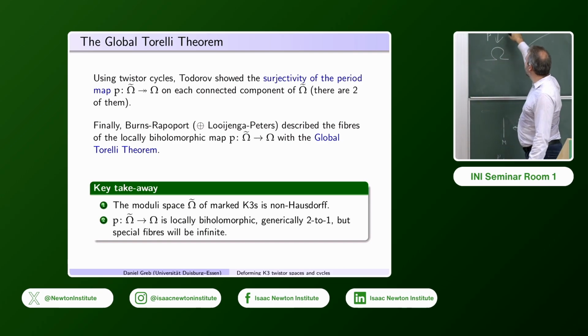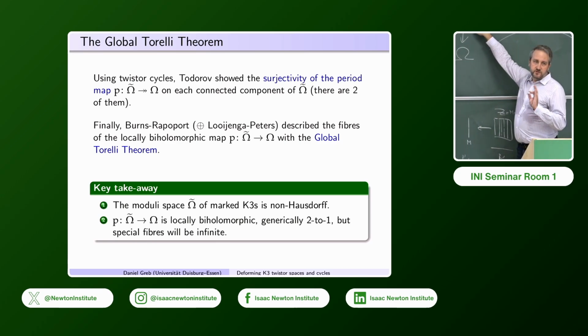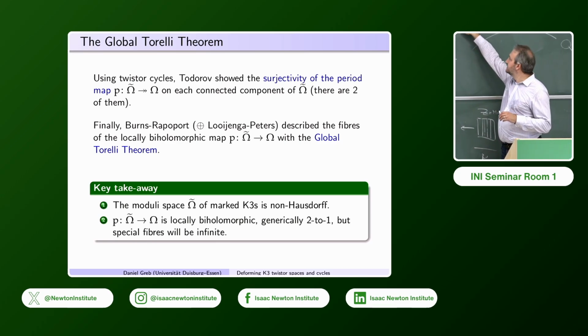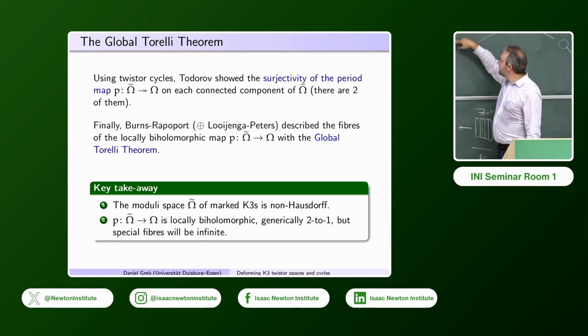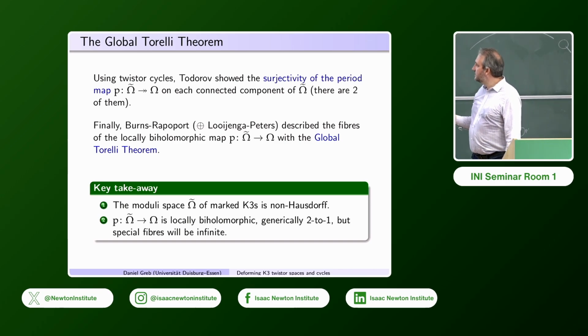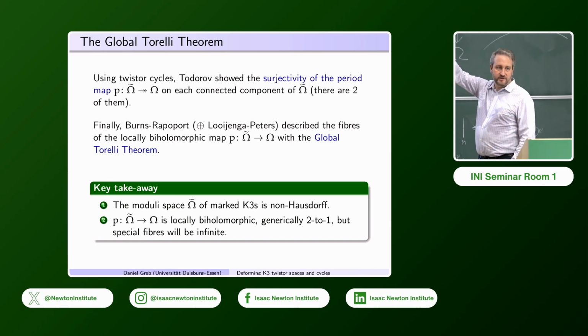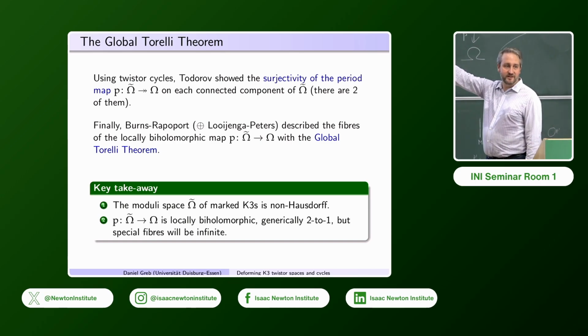This is a locally biholomorphic map, although one should be very careful with intuition. As I said, this thing is very non-Hausdorff. So locally, this map is biholomorphic, and the fibers are discrete, but it looks very strange. Namely, it's generically 2 to 1, or on each connected component, it's even 1 to 1.